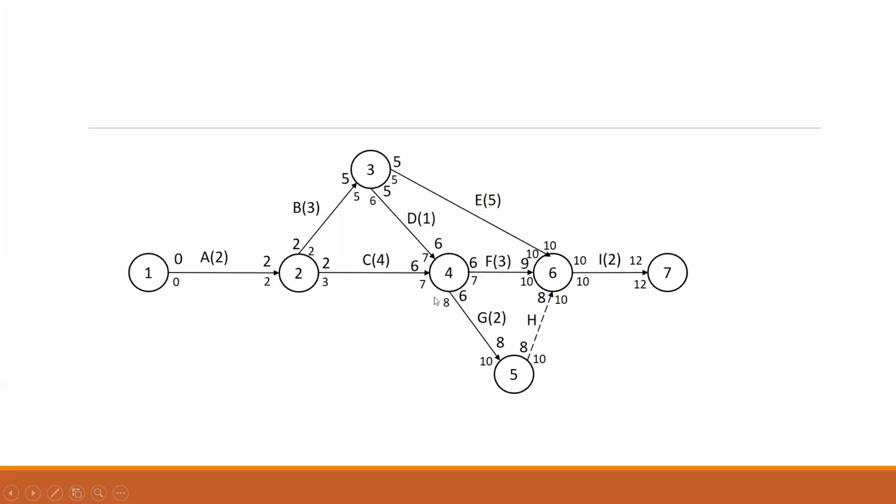Now coming to this node, node number 4. Here we have 10, because this is 10 here, we have 10 here. 10 minus 2 gives you 8. Now look at the two values. We have 7 and we have 8 here. Now while going for the backward pass, we are supposed to take the least value or the minimum value among these two values of your latest starting time. Okay, so this is 7 and this is 8, least is 7.